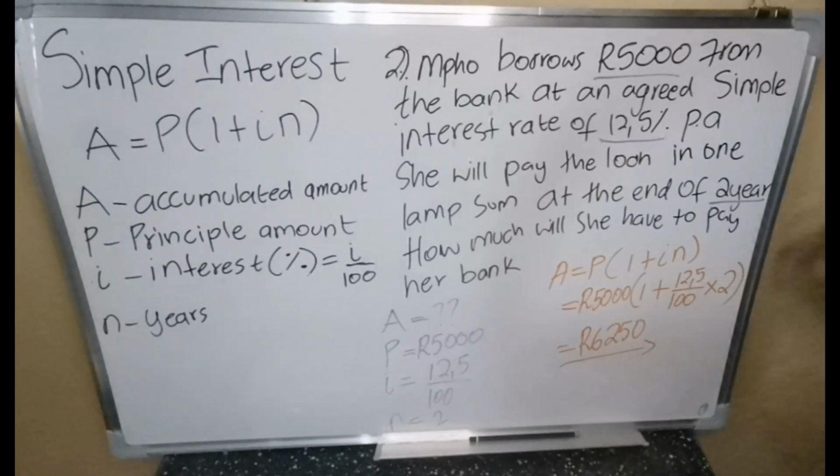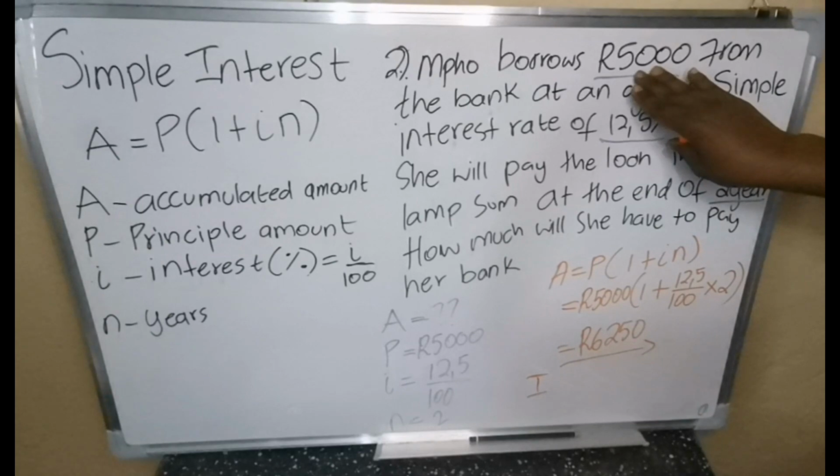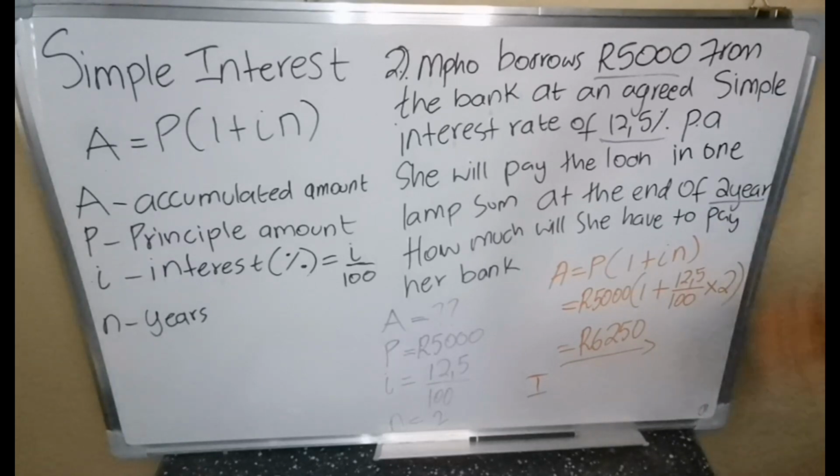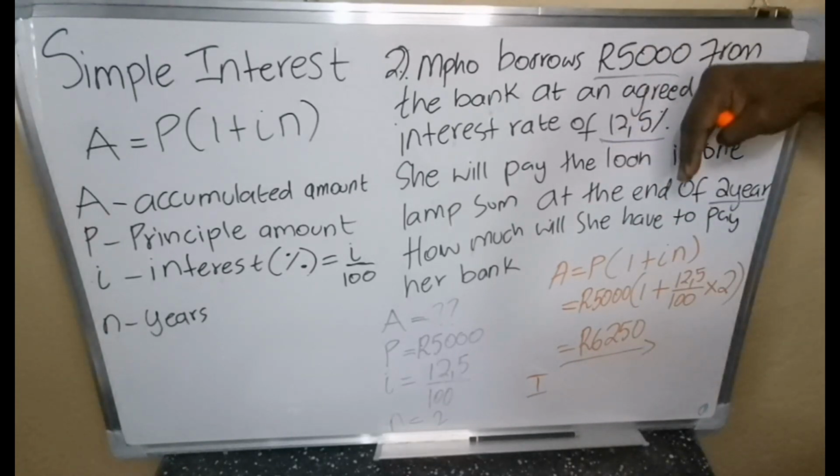Interest only. For you to find that, it means they are asking how much she will pay on top of this 5,000 rand, how much the interest is after 2 years.